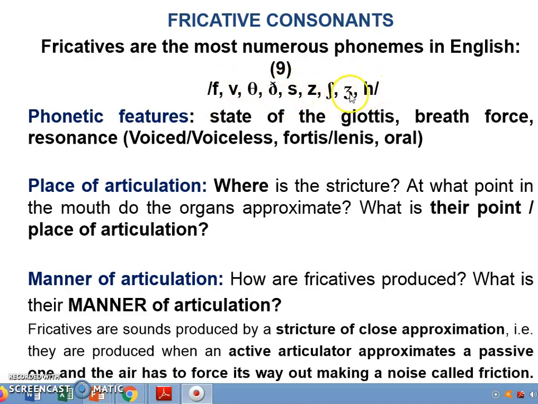So they all have a voiced counterpart except h, which is voiceless, and it doesn't have a voiced counterpart.